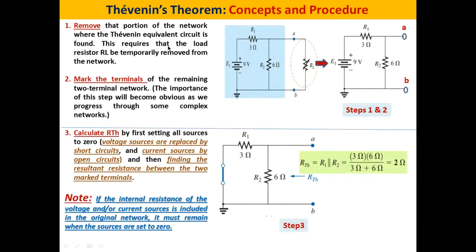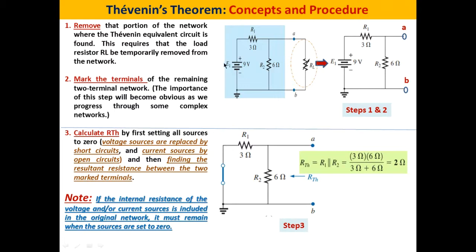So let's see step number 1. First of all, we have to remove the portion of the network where the Thevenin equivalent circuit is to be determined. This requires that the load resistor RL be temporarily removed from the network. Let's consider this circuit. We would like to determine the Thevenin equivalent circuit of the part highlighted in blue.